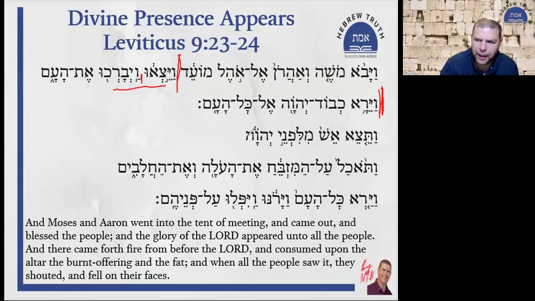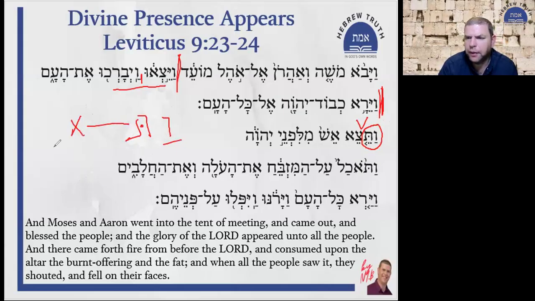The same goes for the second half here. Vayyetze esh milifnei Adonai. Again, the Wayyiqtol verb: Vav, Patah, and Dagesh in the prefix letter. Here the prefix letter is a Tav, because a Tav at the beginning with nothing at the end is the third person feminine singular.